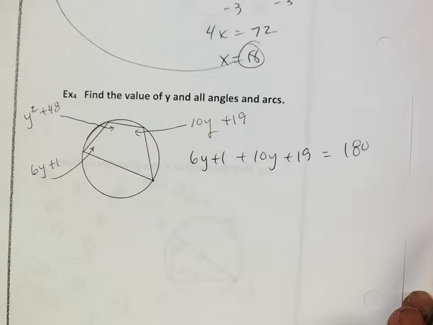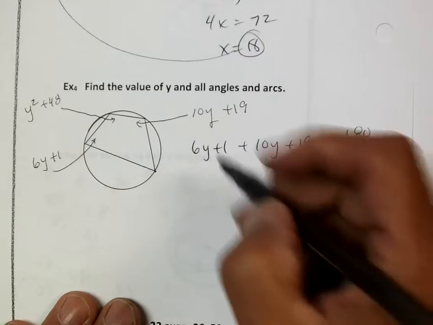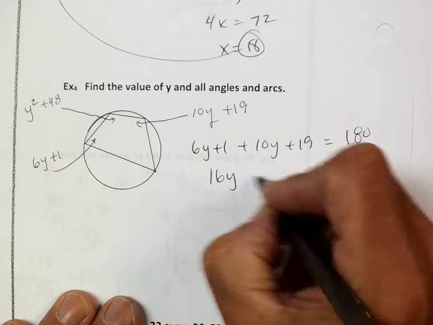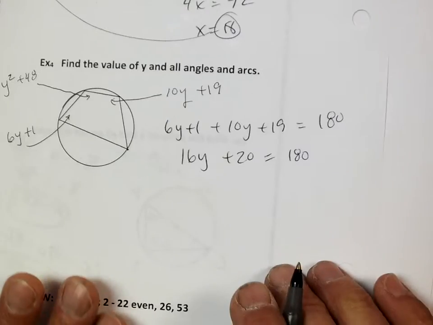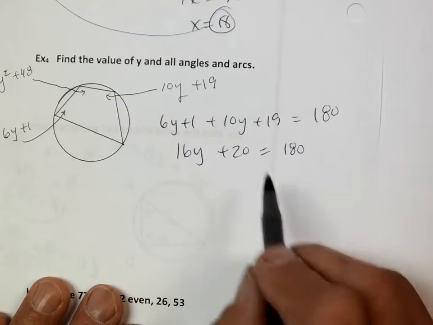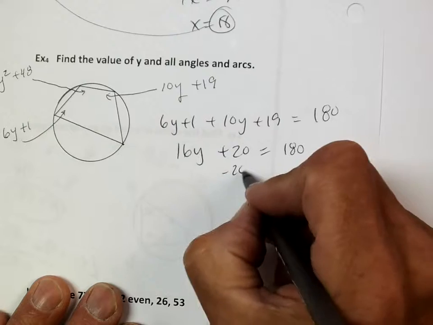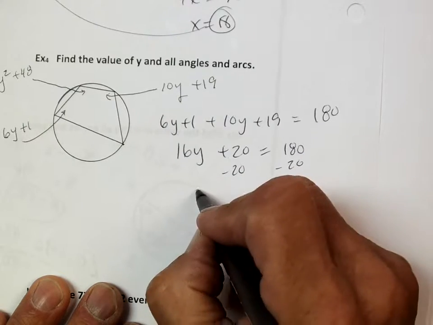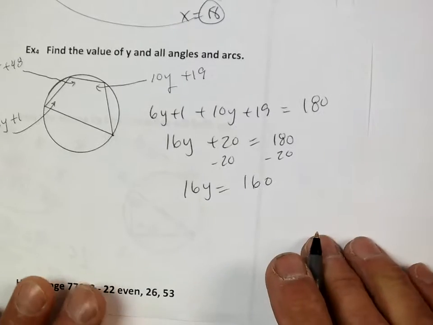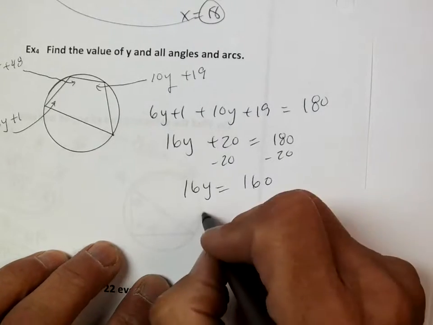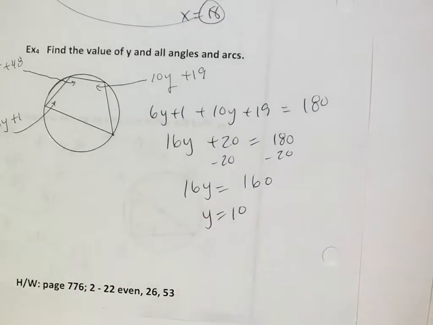Then 16y plus 20 equals 180. Minus 20 minus 20, that's 160. 16y equals 160. Divide by 16, and y is 10. That gives me some information. I have y, but I don't have the answer yet.